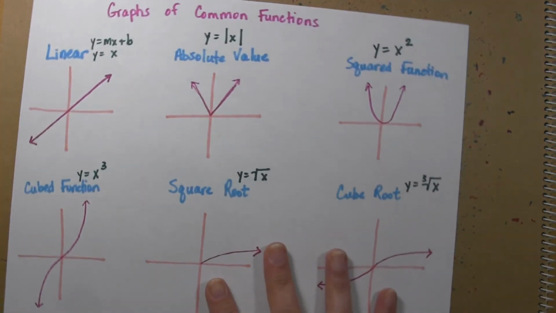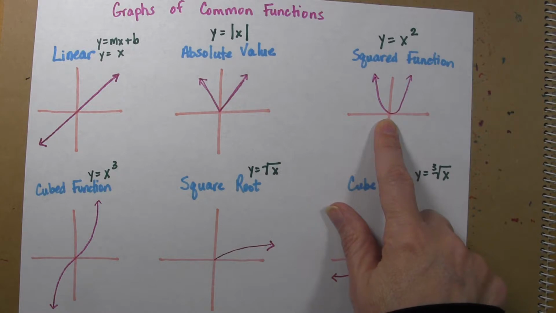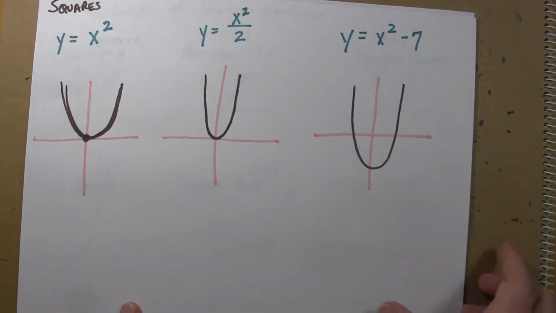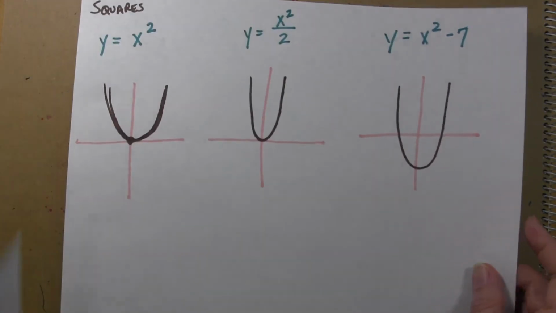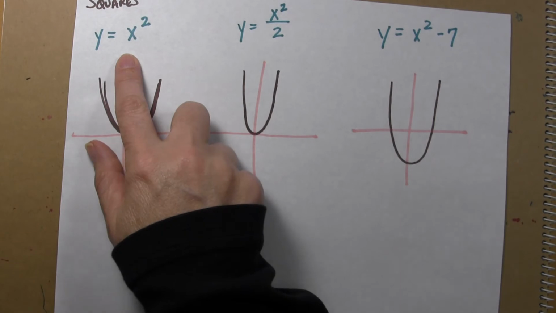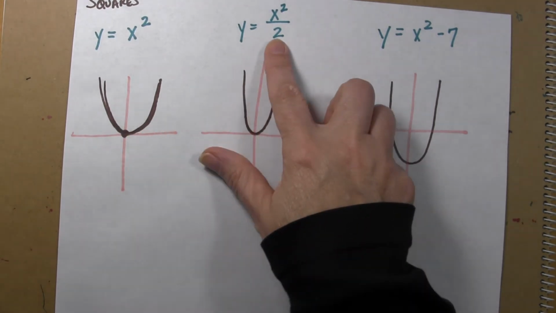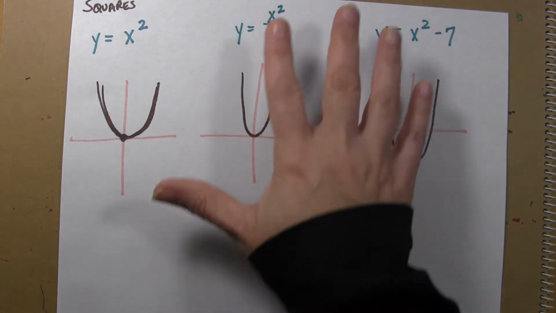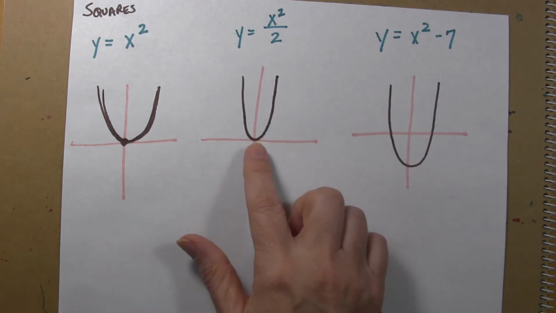All right, let's take a look at your squares. So remember, we said that the squared function is always going to look like some sort of U. Well, here's a couple of squared functions for you to look at. Here we have y equals x squared, which is just going to be our standard U. Here we have y equals x squared over 2, which again is a U. You might not notice this, but it's skinnier than this U. That's the difference, right?